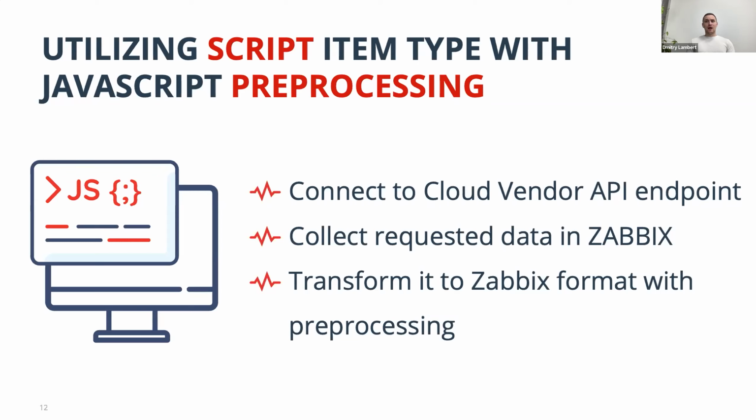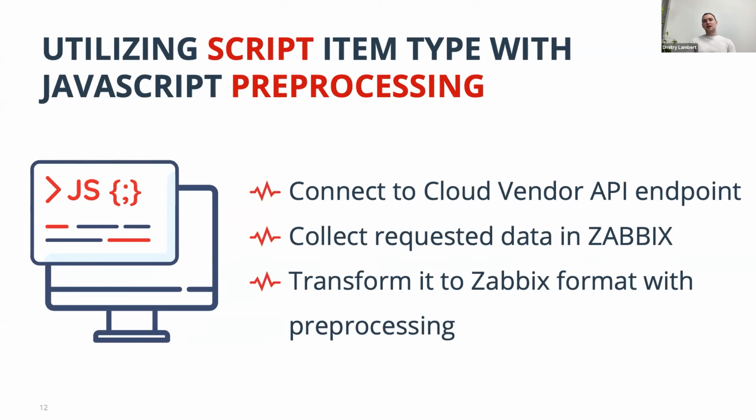without any interference from the monitoring engineers. And it's also important to understand that Zabbix is a huge tool with a huge amount of instruments and resources. And this script item type was not made only to monitor clouds or only AWS or Azure.